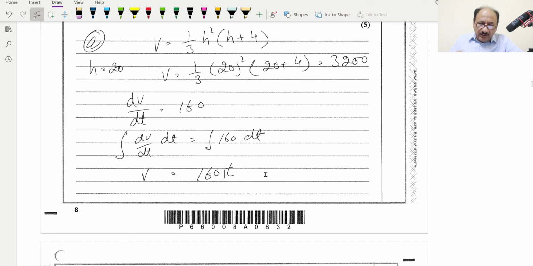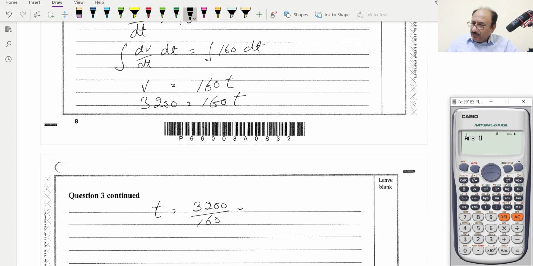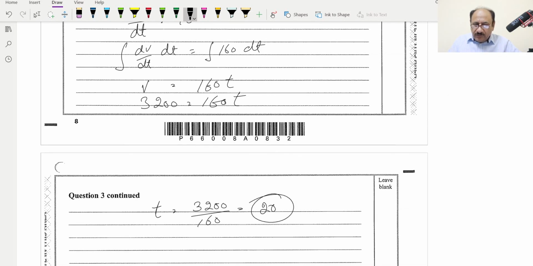The volume is 3200, so 3200 will be equal to 160t, and now we can find t is equal to 3200 divided by 160, which is 20. So the time will be 20 seconds.